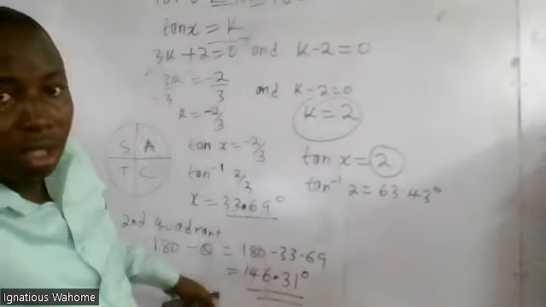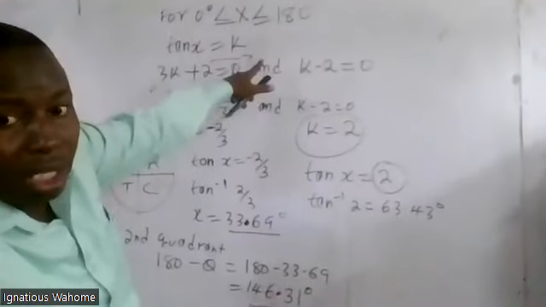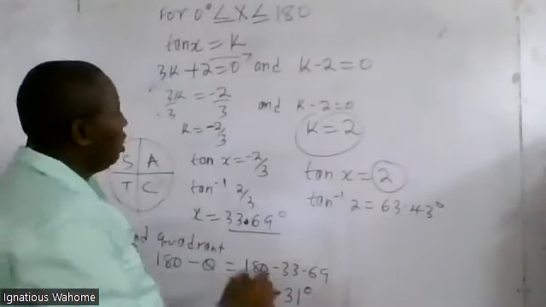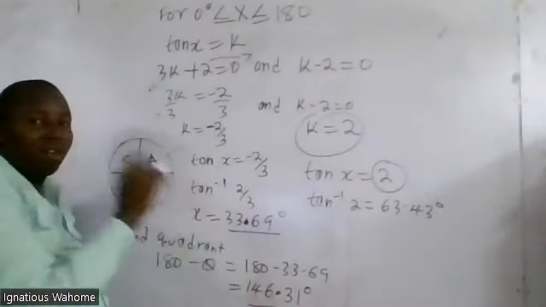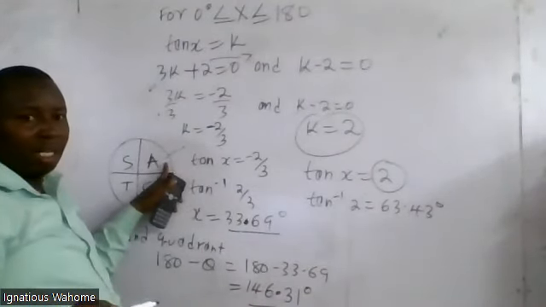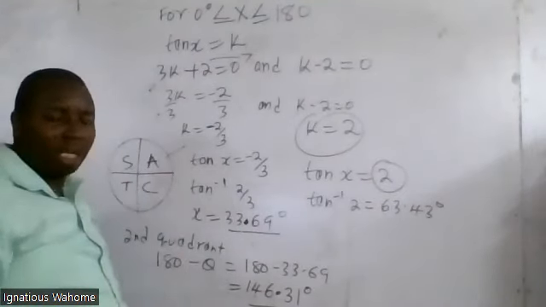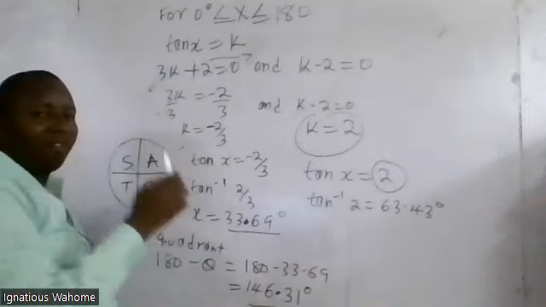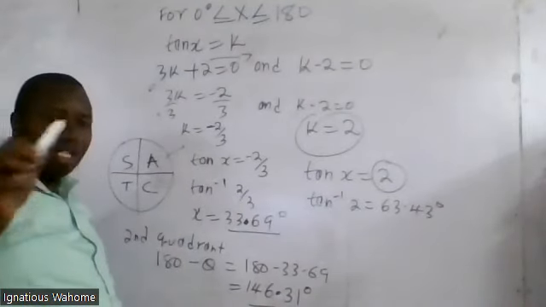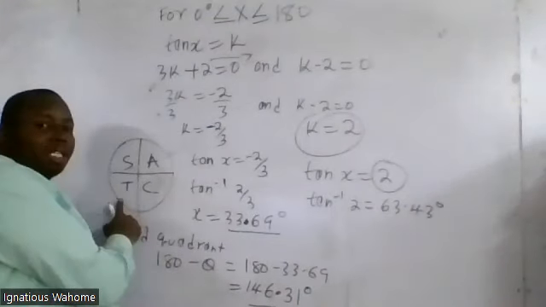That was the instruction. In the first quadrant, tan is positive. In the second quadrant, tan is negative, so you cannot use the second quadrant. The first and second quadrants lie between 0 and 180, so our angle cannot go beyond 180.